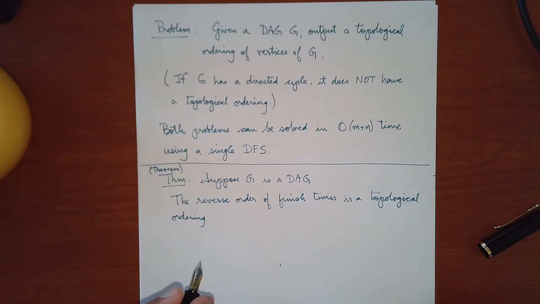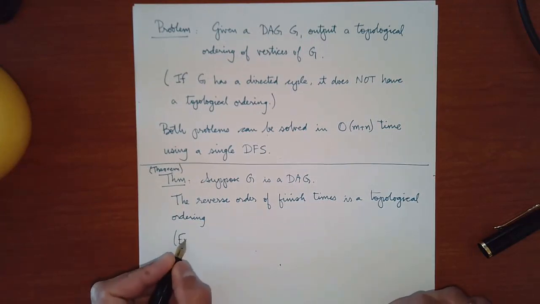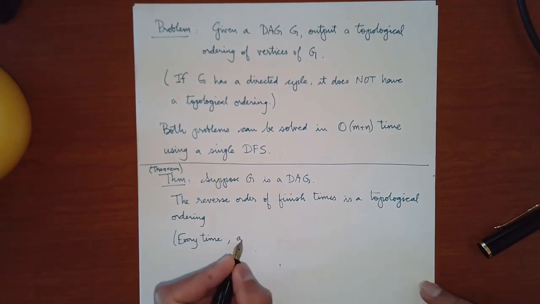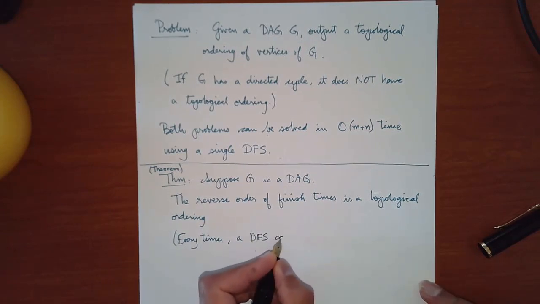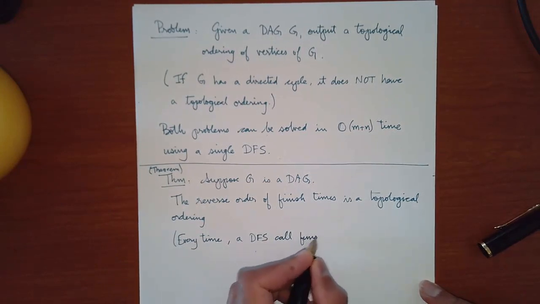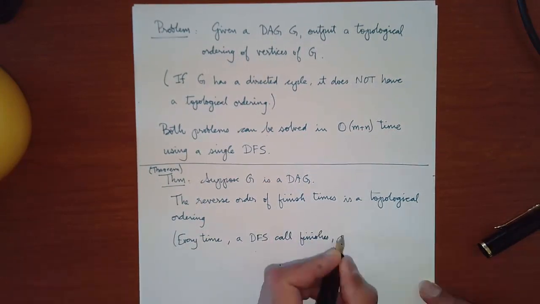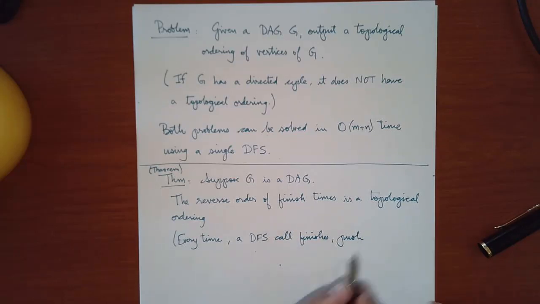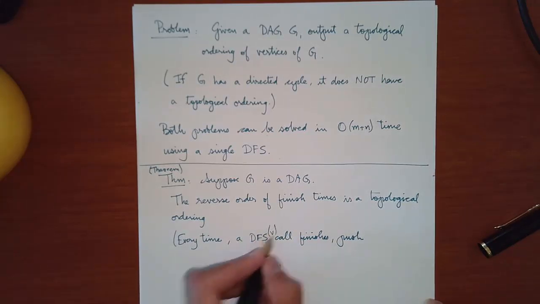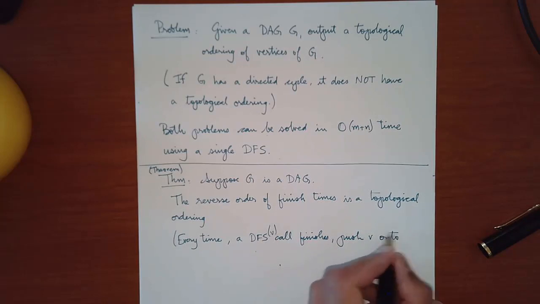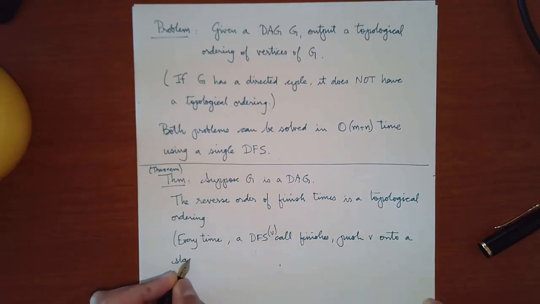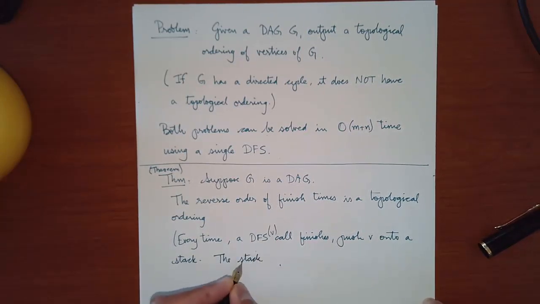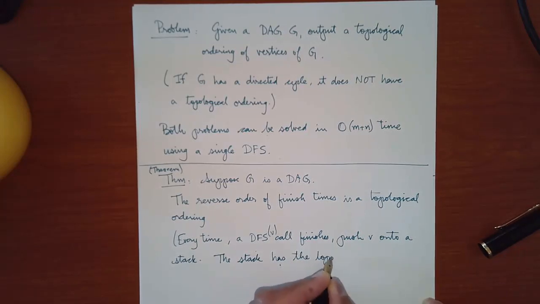It's simply saying that every time a DFS call finishes, let's say DFS of V, push V onto a stack, and the stack has the topological ordering.